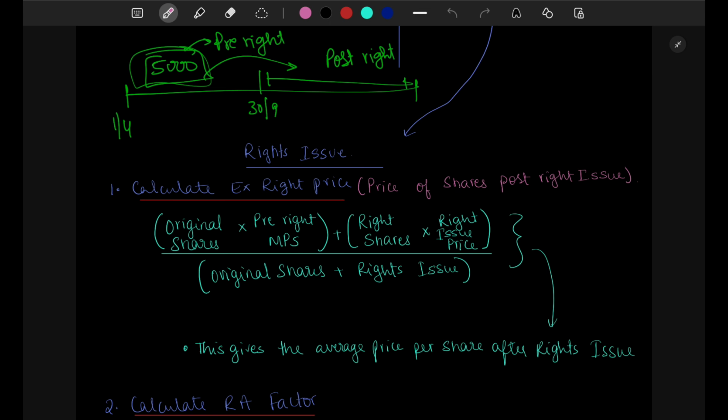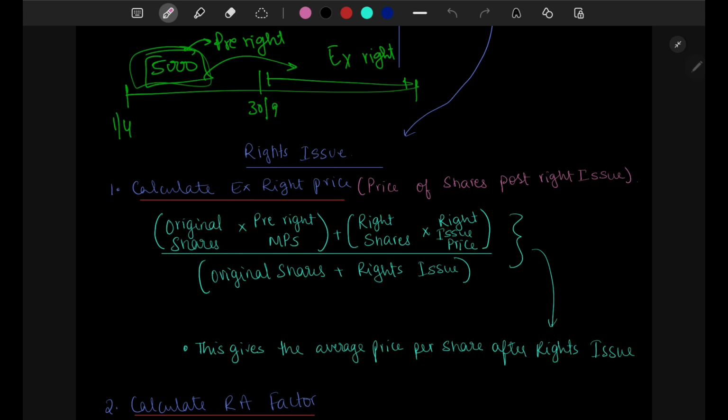We cannot take one post-right and one pre-right, so we're bringing all of it to post-right value, or rather x-right value. So this is pre-right value and this is x-right value. Whatever was the pre-right number of shares, we're bringing it into x-right number of shares.